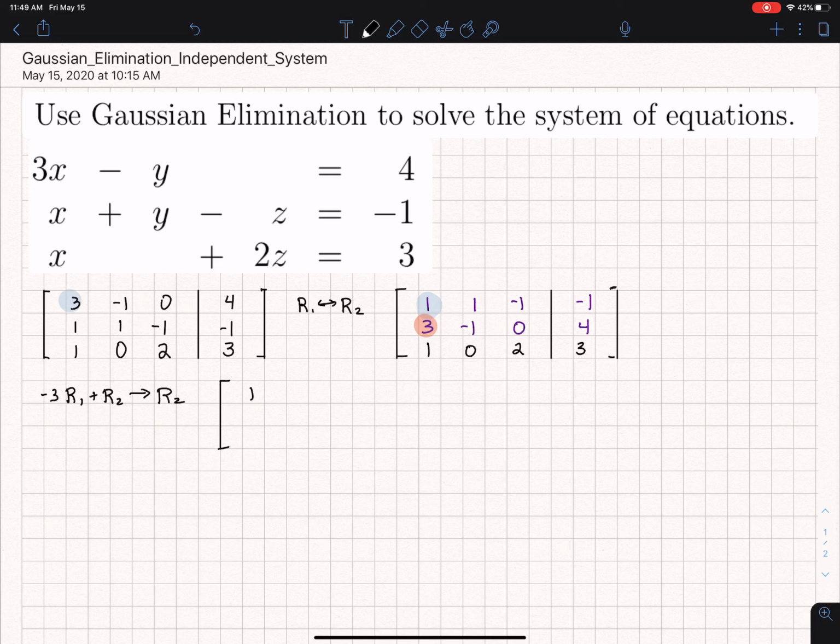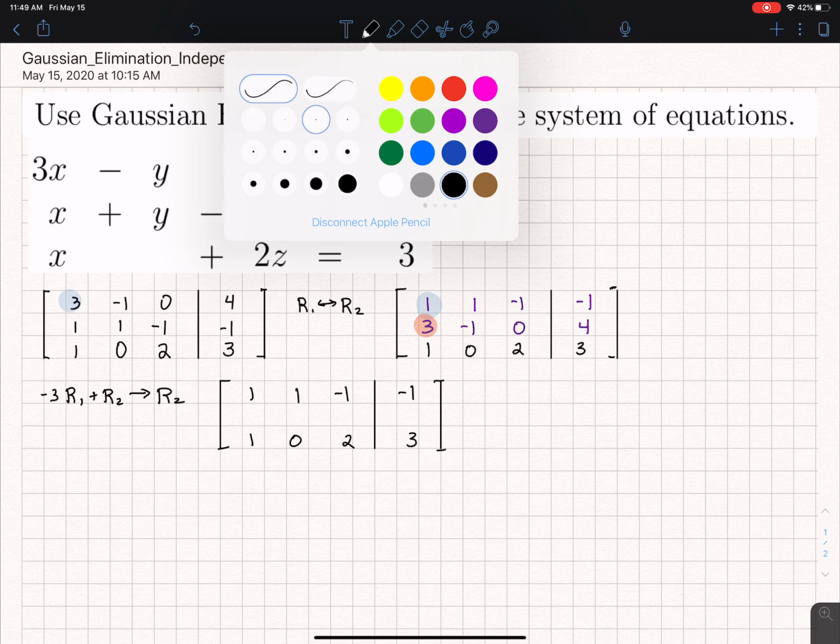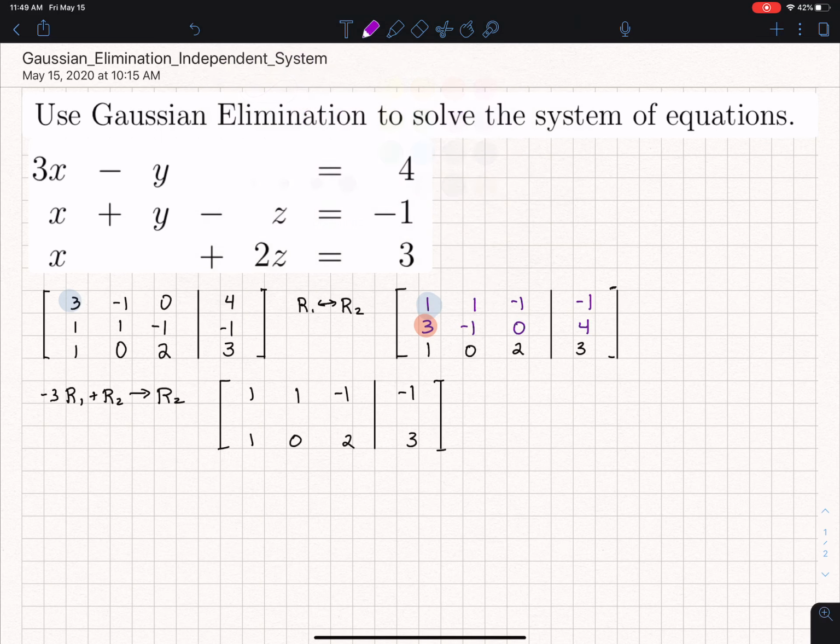So I'll just copy down exactly row 1 and also row 3. Those will stay the same. And then I'll go in and change row 2. So 1 times negative 3 makes 0.